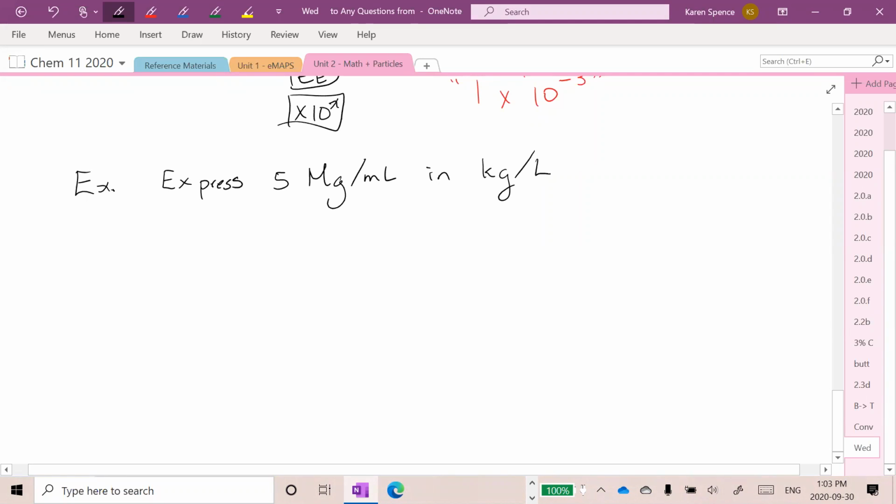Express 5 megagrams per milliliter in kilograms per liter. So there's 2 ways to go about this. You can do it all in one line, and that's the way we're going to do it.